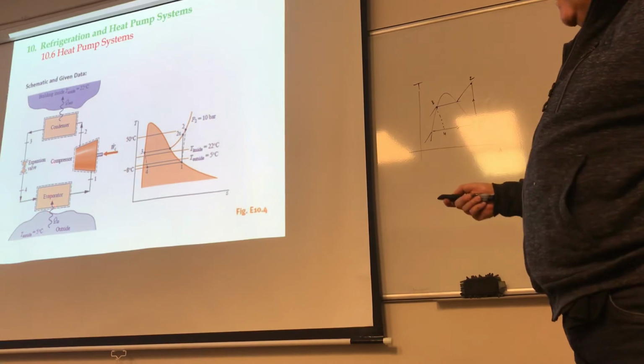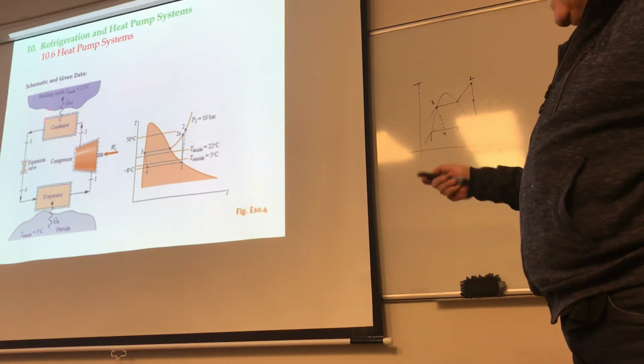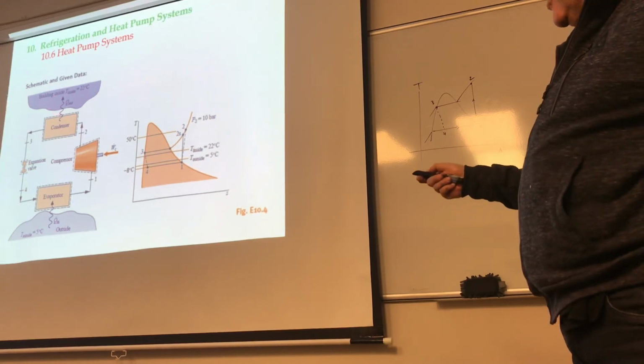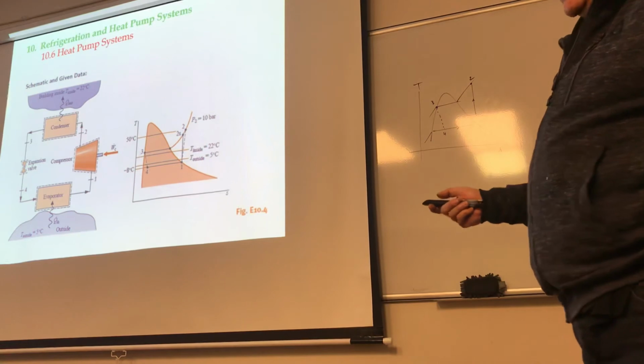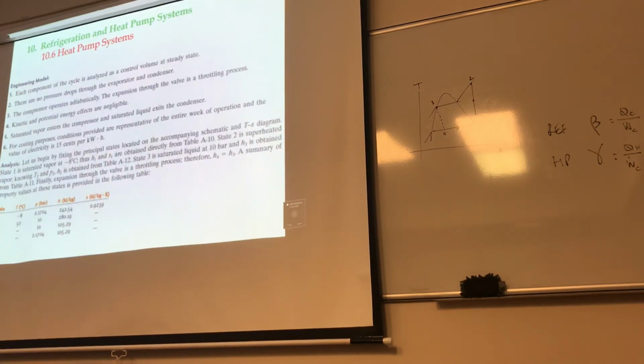But again, the 4 different components, 1, 2, 3, 4, and the goal here now is more this than this. So it's really the Q out divided by WC rather than anything else. Now the way you analyze this problem is identical to the refrigeration cycle, so we're not even going to look at that. Once you get those 4 H values, everything else becomes a quick issue.